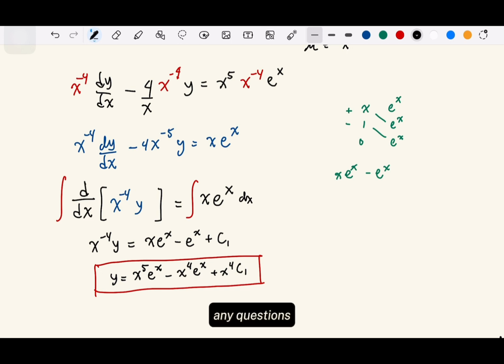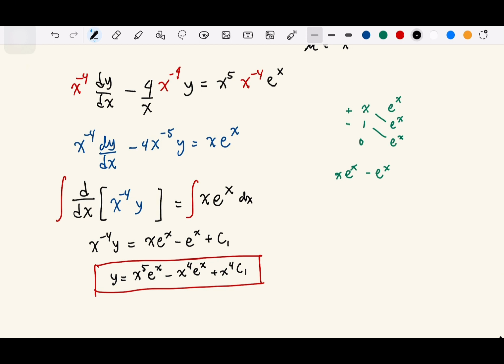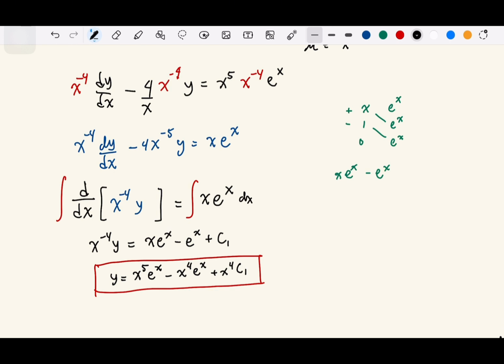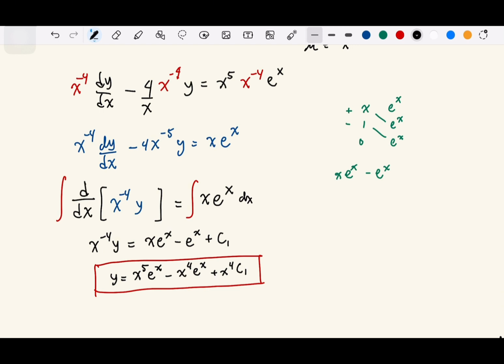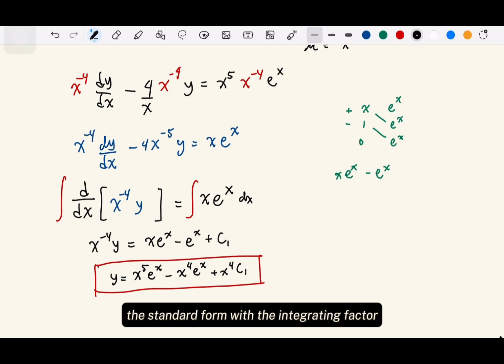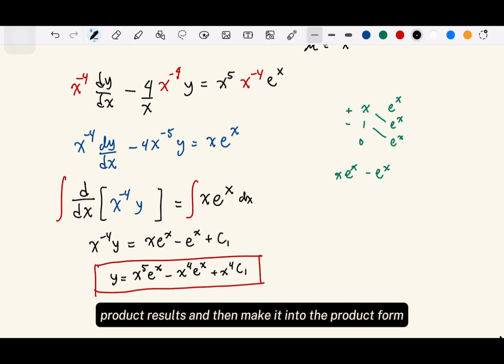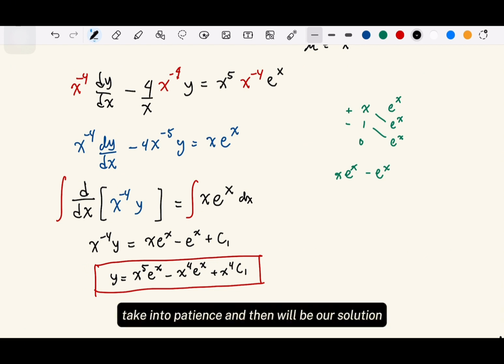Okay, any questions about the linear equations? Okay, I hope you get the procedures correct. So remember the standard form, taking the integrating factor by taking the p(x) inside the e, and then multiply the standard form with the integrating factor, and then take the product results, and then make it into the product form, take integrations, and that will be our solution.